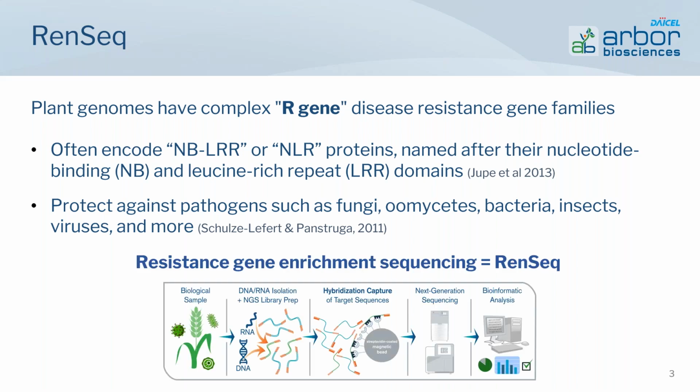RenSeq is the technique of resistance gene enrichment sequencing, which utilizes targeted next-generation sequencing via hybridization capture to enrich both known and unknown and novel R gene sequences from plant DNA or RNA NGS libraries, which are then sequenced on short or long read sequencing platforms. The enriched R gene sequences can then be digitally reconstructed with bioinformatic analysis. This is a powerful approach that can be deployed in various programs for discovery, trait improvement, and more.